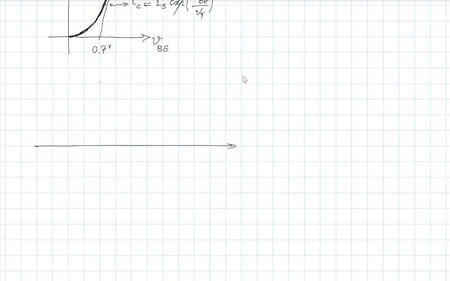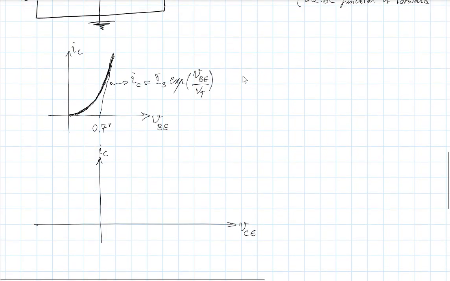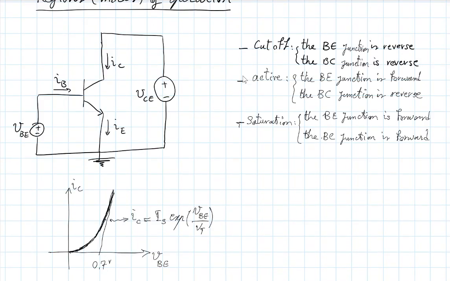The other behavior that is of importance, which we talked about, was IC as a function of VCE. It's the collector current as a function of this VCE. And here's where I'd like to invoke that model that I showed you last time, where we had essentially a current source in the collector branch. And ideally, a current source, you wanted to provide a constant current.